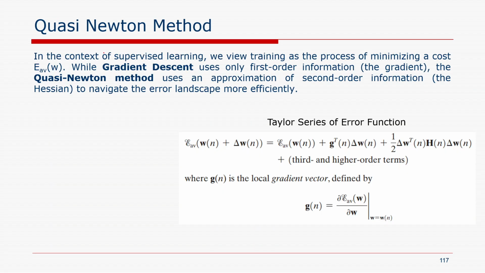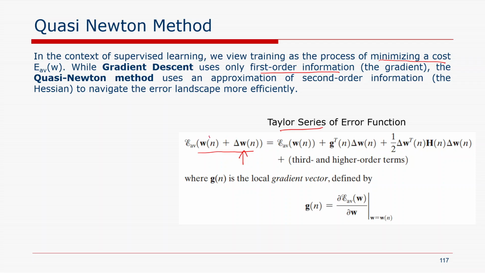Now, in the context of supervised learning, we view the training as a process of minimizing the cost function, as I said, minimizing the error function. While gradient descent uses only first order information, earlier in the class I showed this formula, the error function expressed in the form of a Taylor series: error of W of n updated with delta W of n.